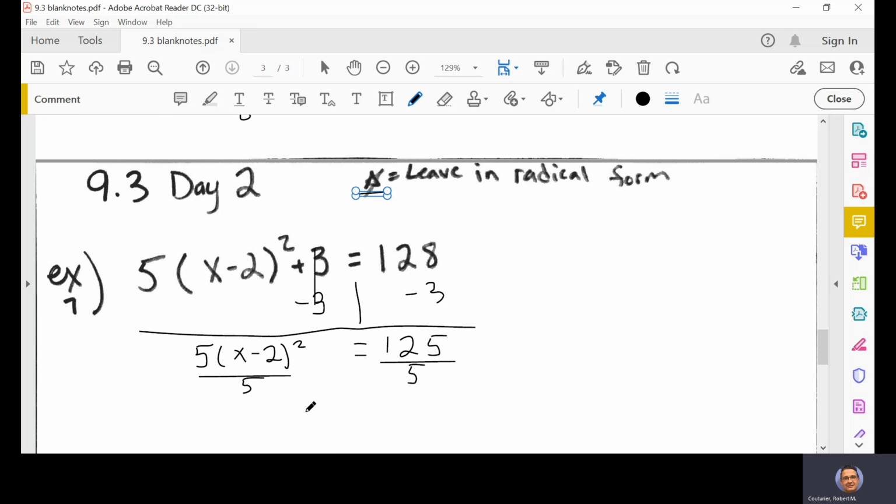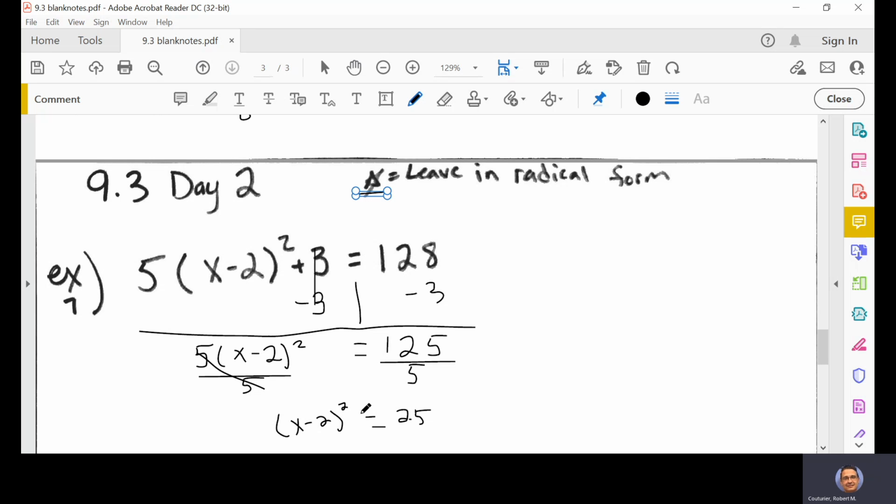Right? So 125 divided by 5 gives me 25. Canceled, and now I only have x minus 2 squared.